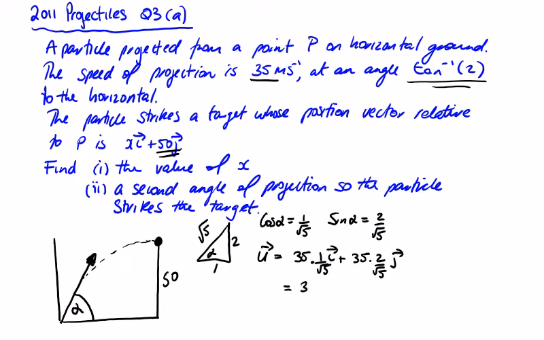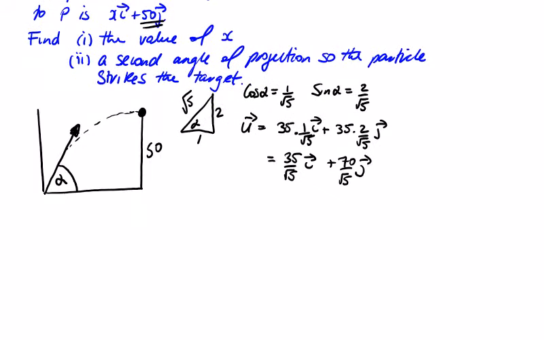So I've got 35 over root 5 i plus 70 over root 5 j. So the distance in the i direction, or the x, is ut, because we have no acceleration. So I've 35 over root 5 times t. That's equal to the x distance, or the i distance.